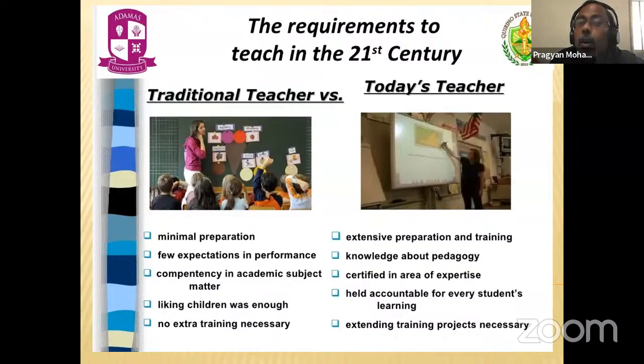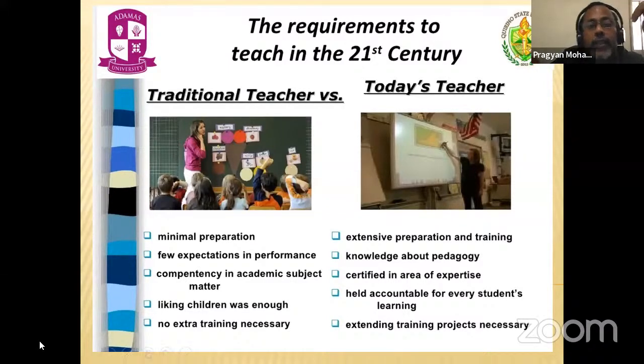But what more? A concept is not encapsulated within that particular content fixed in the textbook. Lots of things are there which the student wants to know, but there was no chance. So competence in subject matter was the only requirement for the traditional curriculum. No more other studies, no more other experiences that the teachers are required, right?